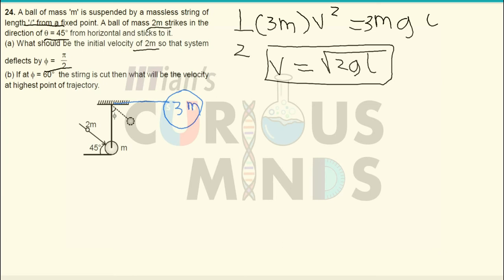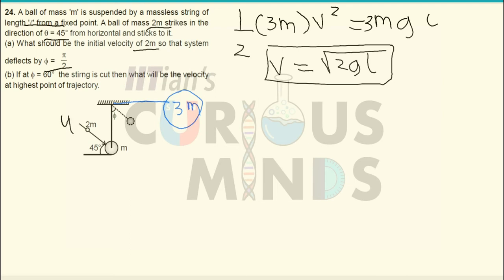Now the velocity of 2m makes an angle of 45 degrees with the horizontal. Whatever the initial velocity may be, let the initial velocity be u.